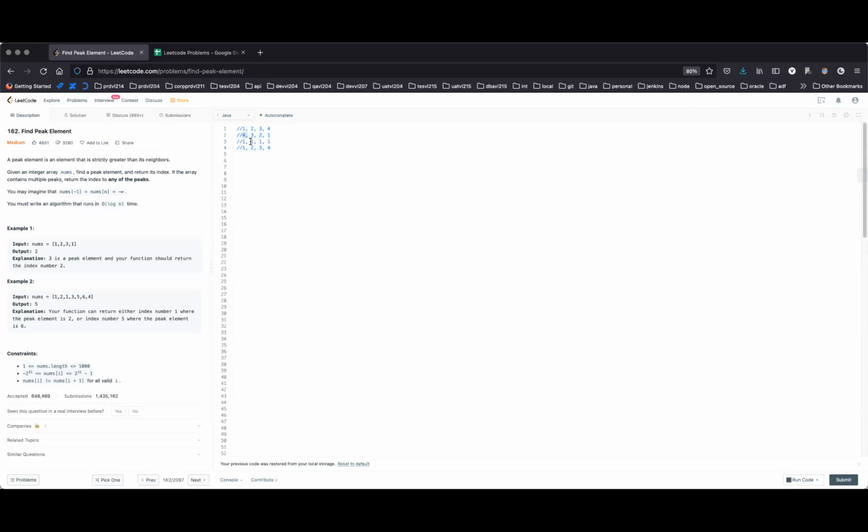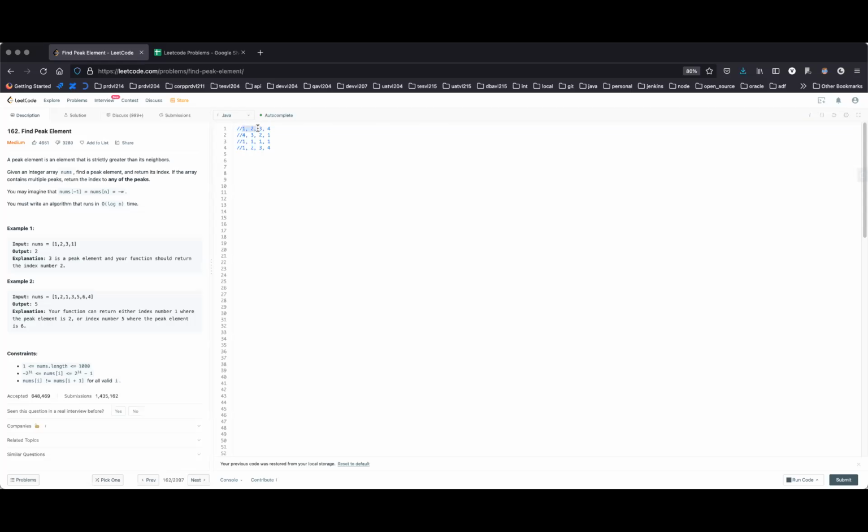Say you are looking at the first element; you don't have any left, but you can compare with your right. Compared to your right element, your current element is bigger. So this is definitely a peak, and we can return it and say this is the peak and our work is done. It's pretty much based on the data set, but this is one of the cases.